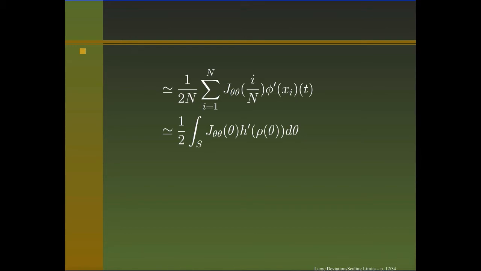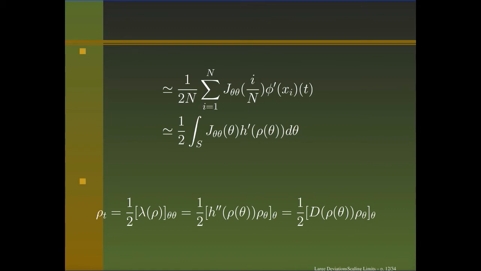And so by some approximation, one could expect to prove such a relation. And that leads to the possible choice of a PDE for rho, which is of this form. And d is just the second derivative of h with respect to rho, and is strictly positive because h is convex.